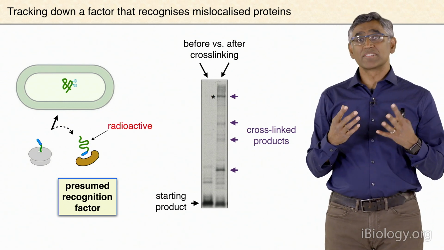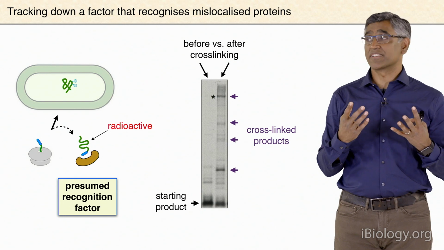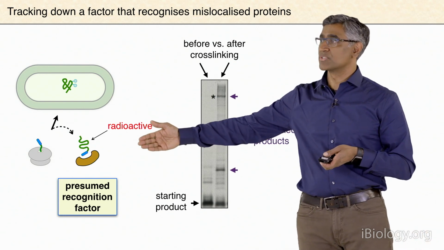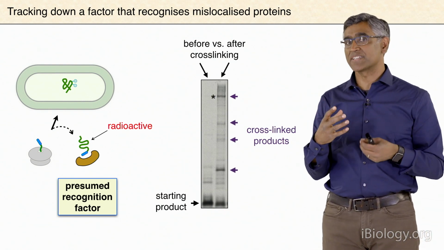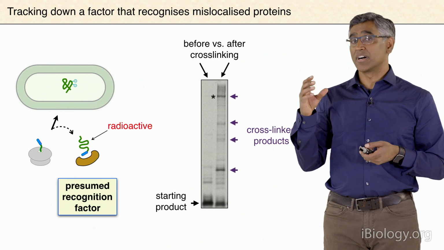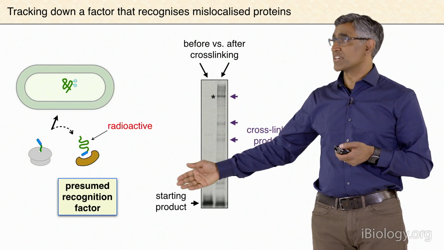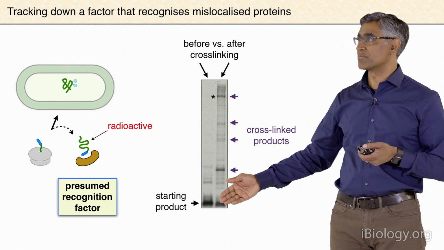And the way we can do this is you can take such a sample and you can treat it with a crosslinker. And a crosslinker will chemically link these two proteins together because they're very close to each other. So it does so via reacting with certain amino acid side chains. So in this particular experiment, here's our translation product before crosslinking, where almost all of it is here at the bottom of the gel.